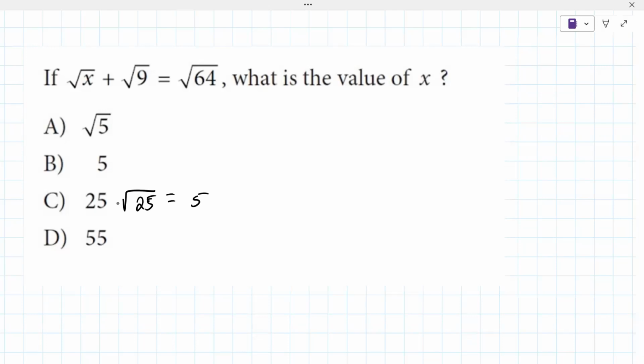Okay. So that is the answer. That's why this is designed this way. You have to be able to see which of those numbers actually work. Right.